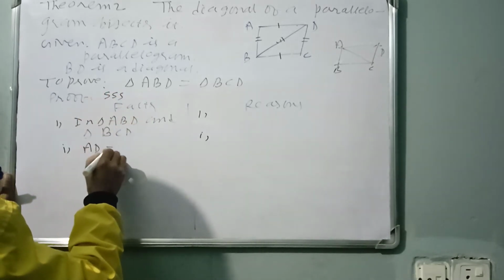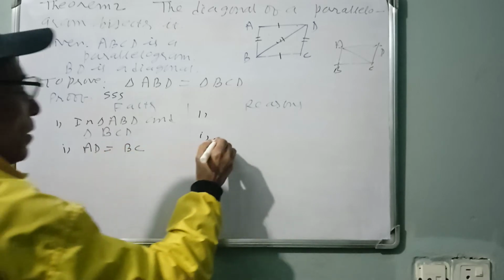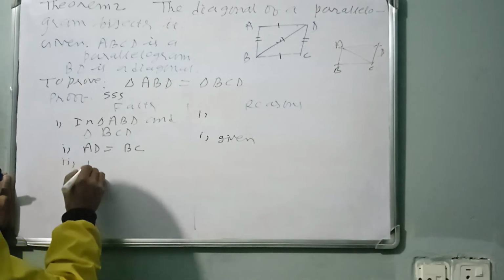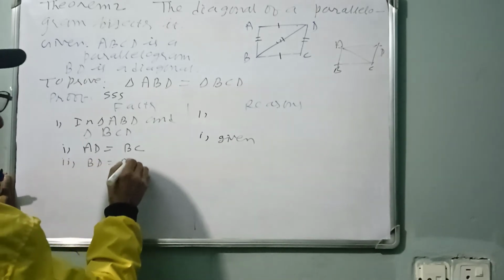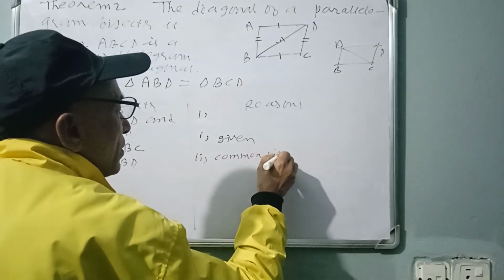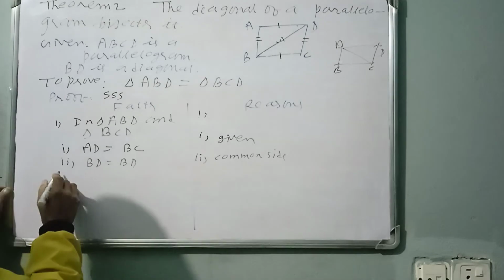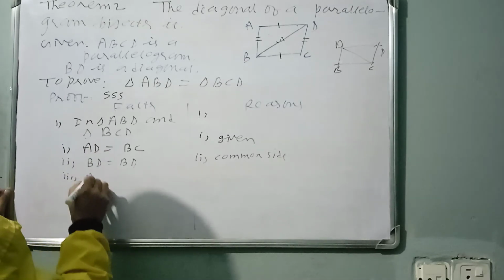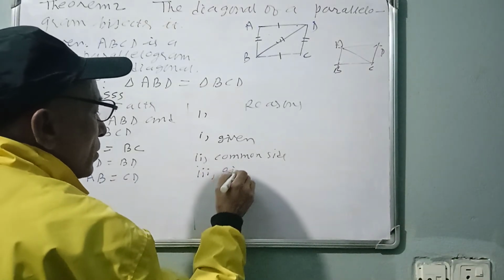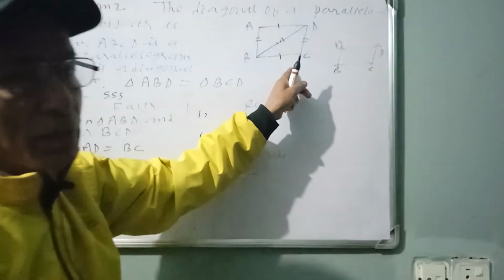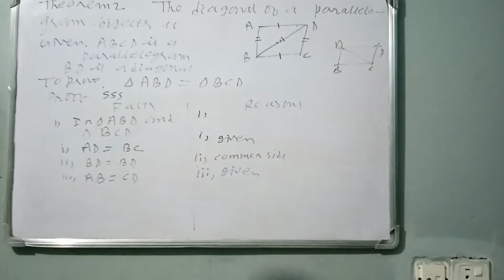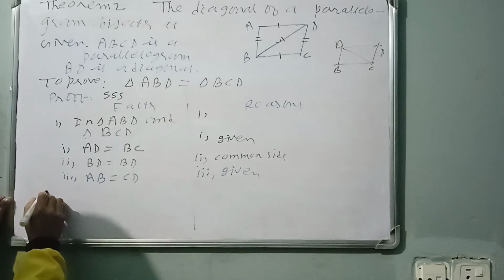AD equal BC, given being opposite sides. Another, BD equal BD, common side. And another, AB equal CD. This is also given. AD equal BC, given. AB equal CD, given. BD equal BD, common side.